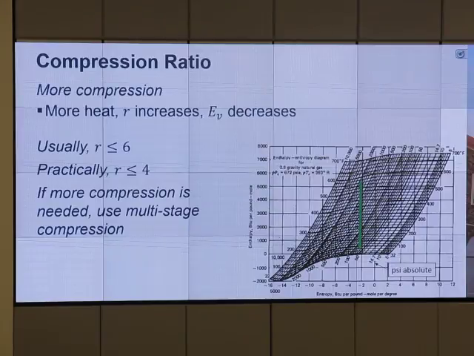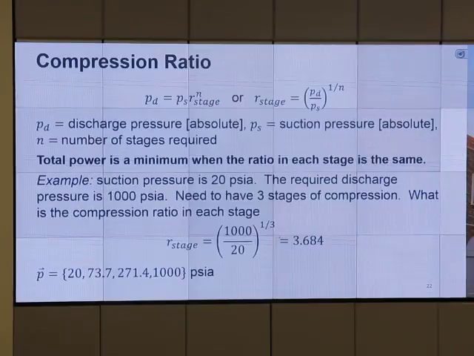Alright, compression ratio. What I want you to look at is, when we do the compression, it will be hot. How hot can we withstand? I think 350 Fahrenheit or something. The number is in the next set of slides.